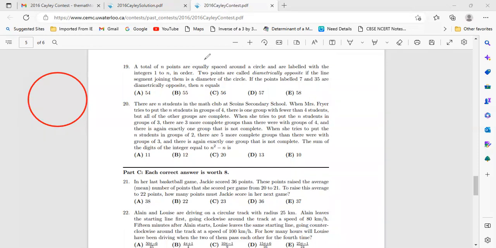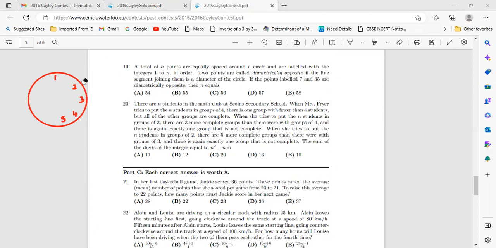Like 12, 1, 2. It goes on like that. But here they are saying labeled with the integers 1 to n, which means we'll assume you're starting this as 1, then 2, 3, 4, 5, like that. It goes on up to n, right?